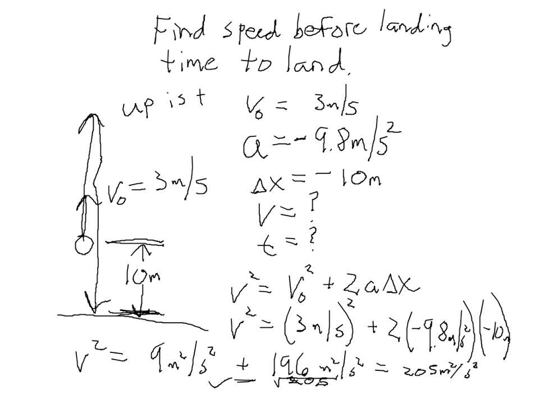I'll write the answer down up here because we're running out of room at the bottom. So v is equal to 14.3 meters per second. I'm going to clear the bottom of the screen, so again, pause if you need to write down what's at the bottom, and then continue when you're ready to keep going.